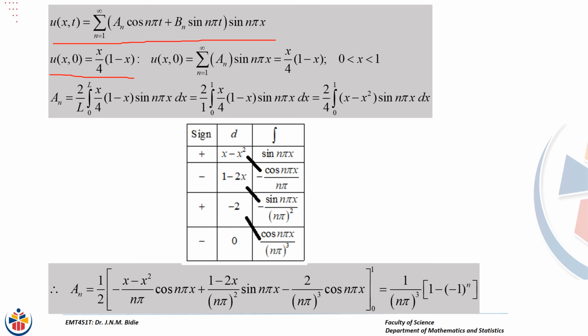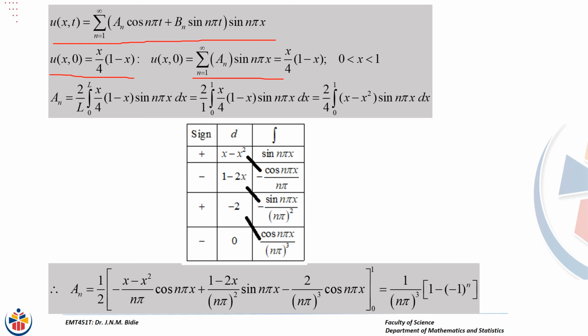So we know that u of x, 0 is equal to that function of x on the right hand side. So directly on u, we find u of x, 0, we substitute in. When t is equal to 0, we'll have cos 0 there. And we'll have sine 0 in the second term. Sine 0 times bn will become 0.